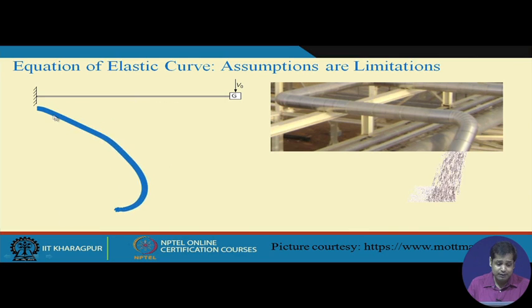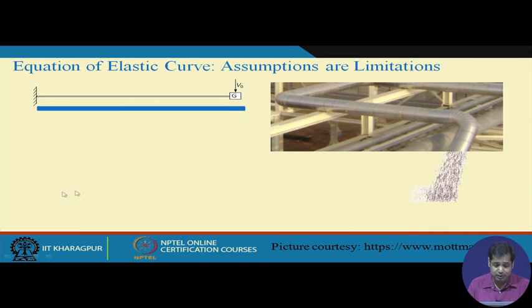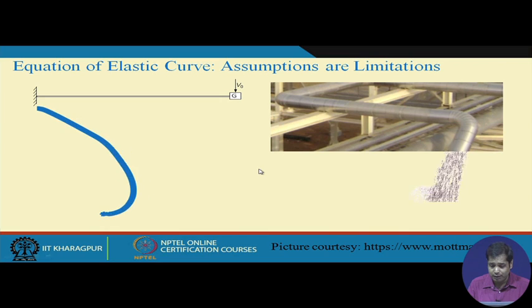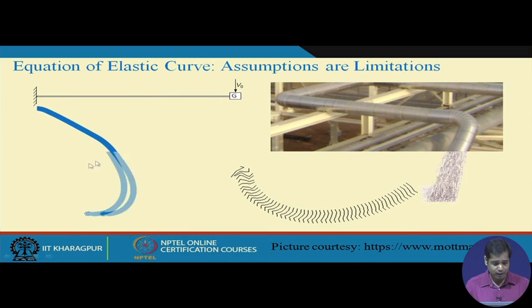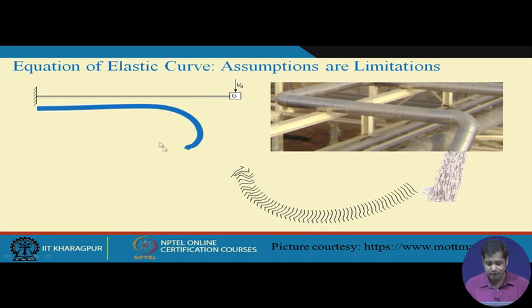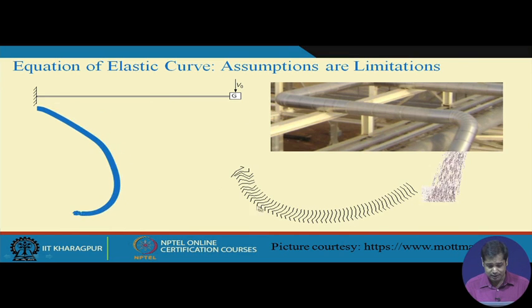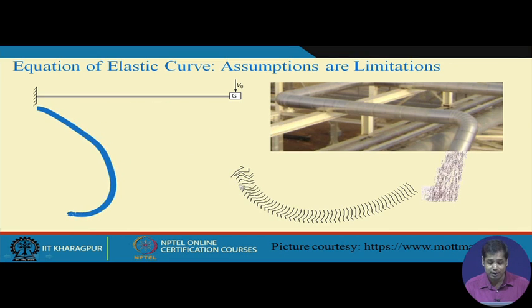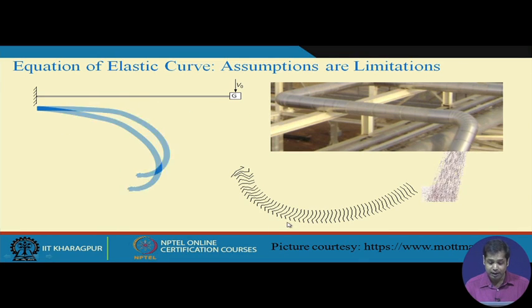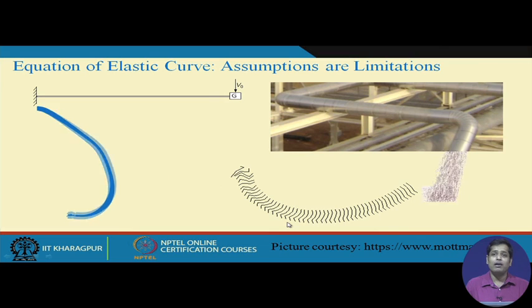Now this is a very severe deformation, as you can see. If you zoom in on this part and take cross sections at several places, the cross section gets distorted like this. Initially they were plane, but they do not remain plane. So this is just one example where these assumptions are not valid.